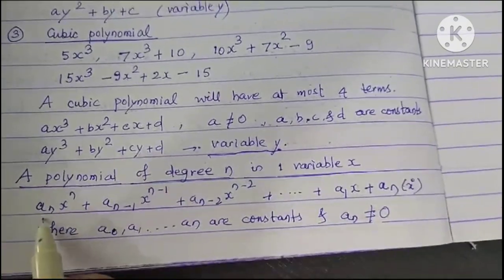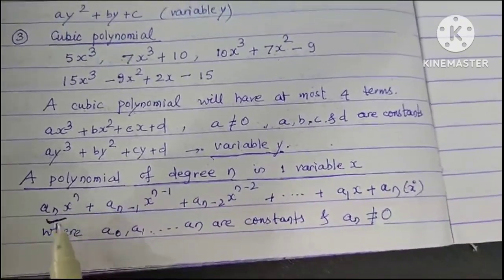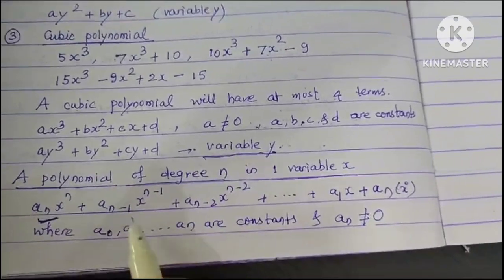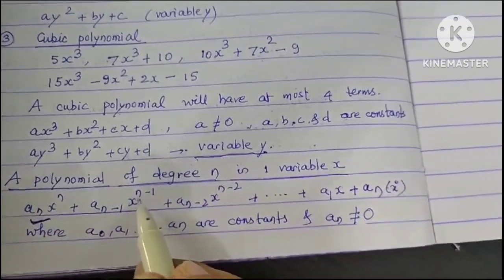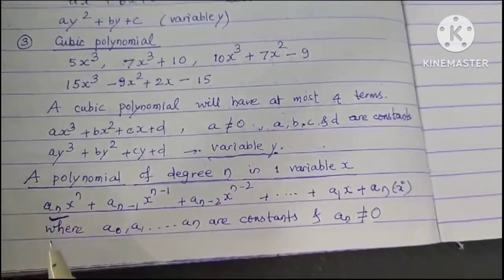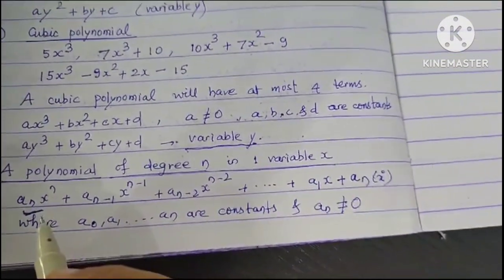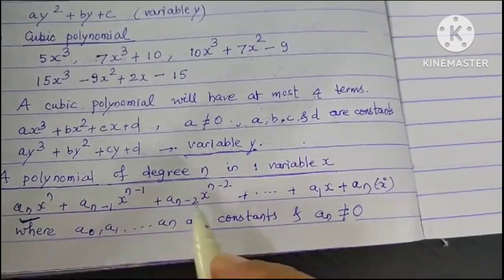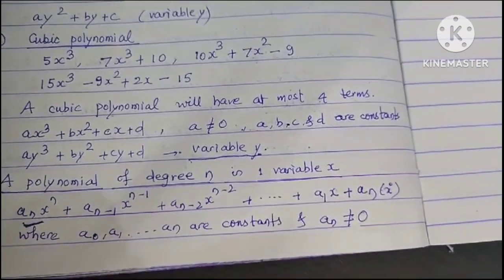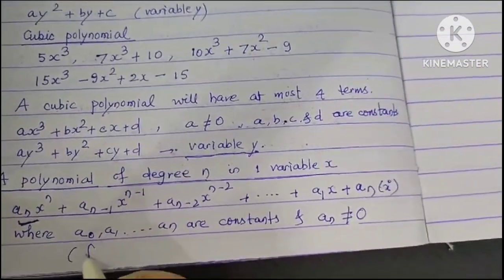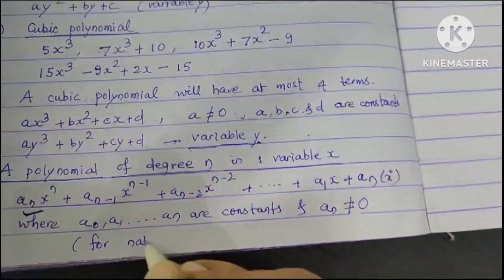In the same way, if you make this 0, then this polynomial will reduce to degree n minus 1. So this will be the general form of a polynomial having degree n, for any natural number n.